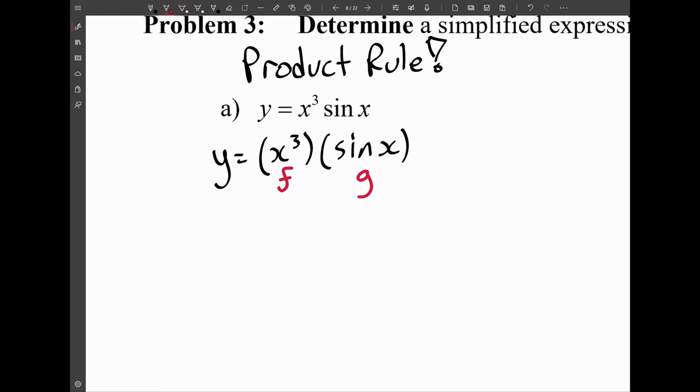Okay? So when I go through this, we know y prime, well, if we remember our product rule, what we're going to be looking for is f prime times g plus f times g prime.